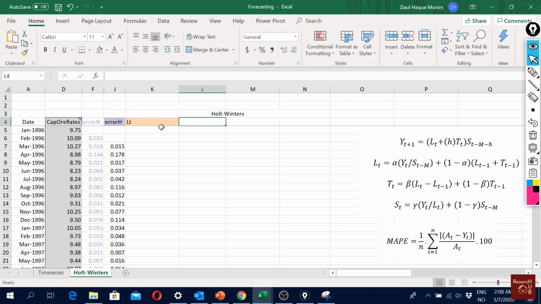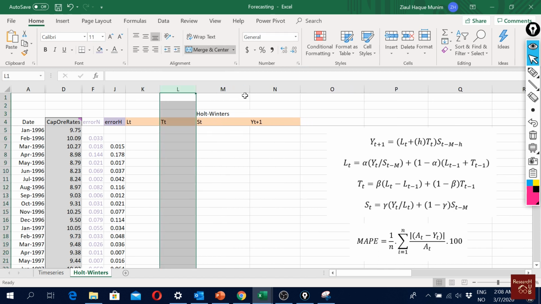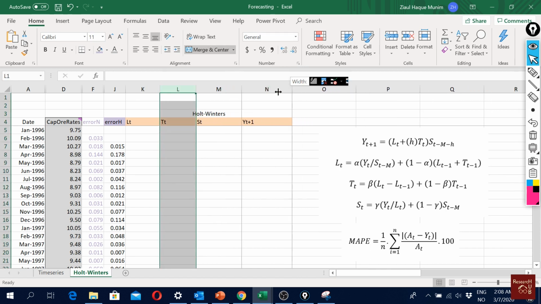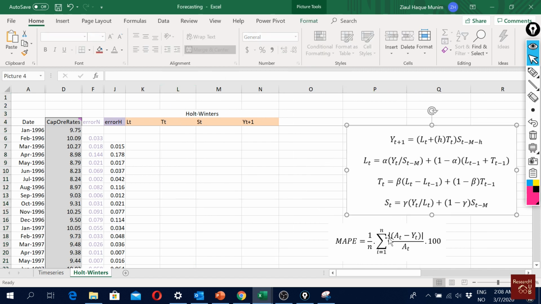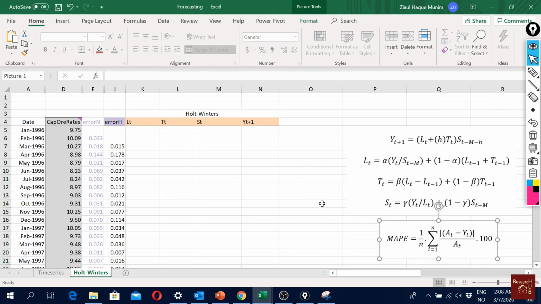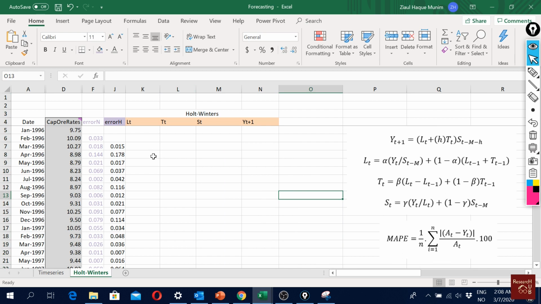Then we will need TT for trend, and then ST for season, and then we will have our forecast that we will call YT plus 1. And when we are done, we will calculate the error, and then we will use another column for that. But now let's use these ones and let's see how to get this model working.